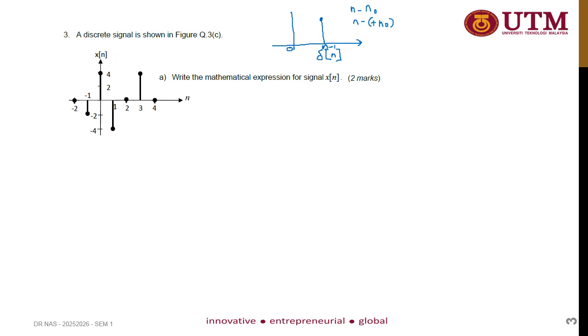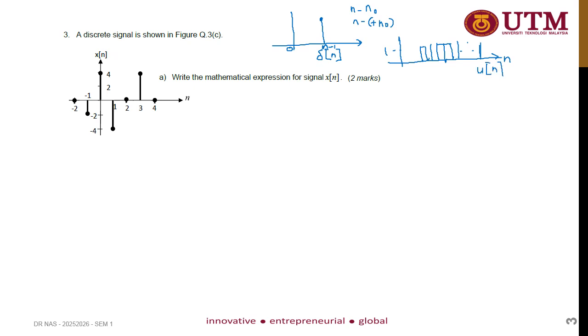But if you have a series of impulses with the same magnitude, 1 up to infinity, in the n domain, this is called the unit step function, u[n].